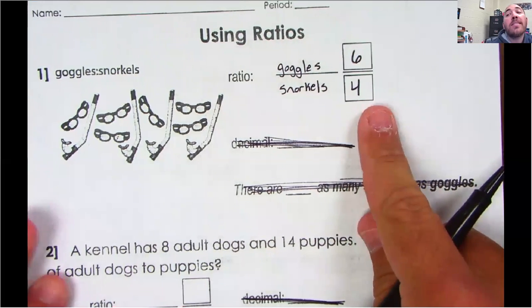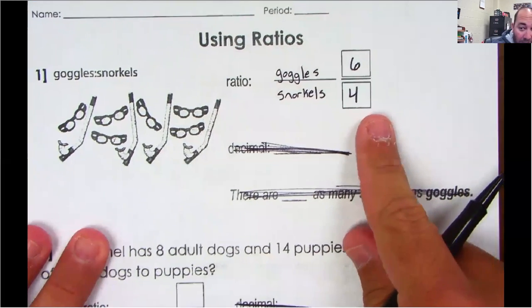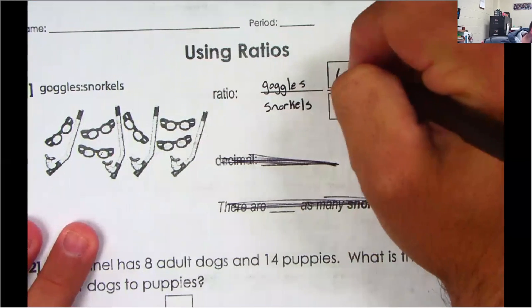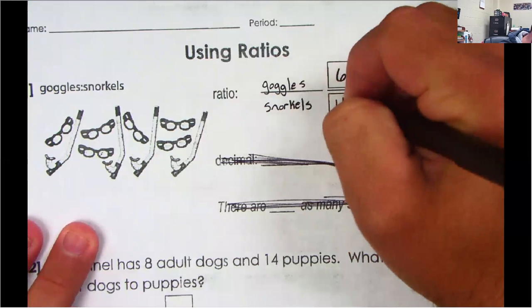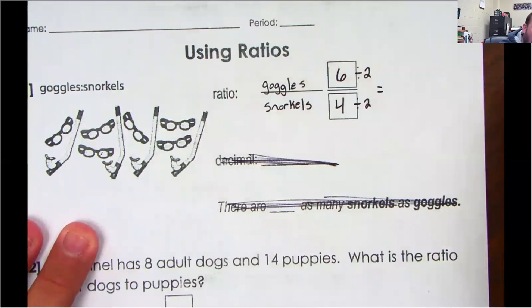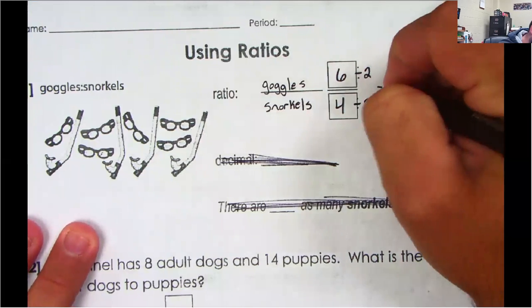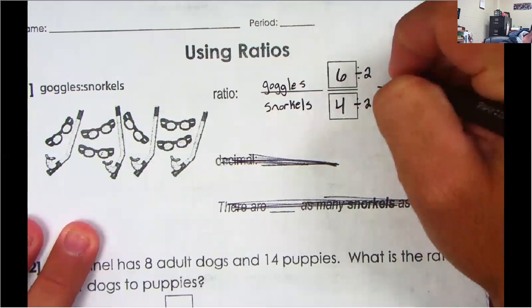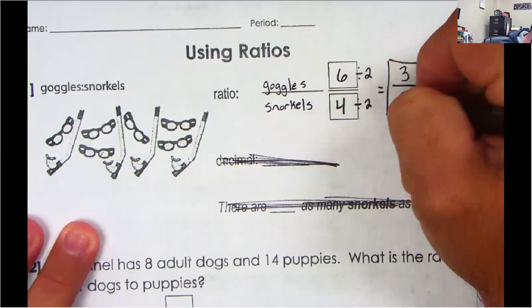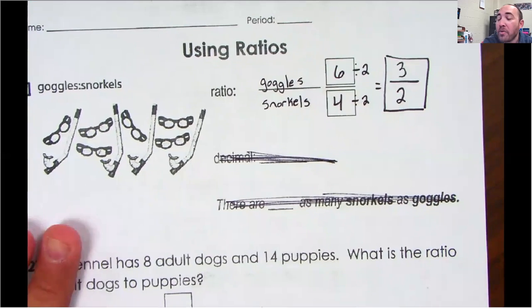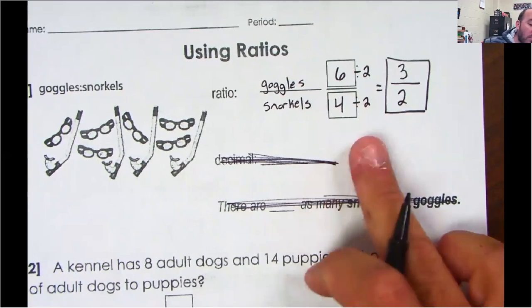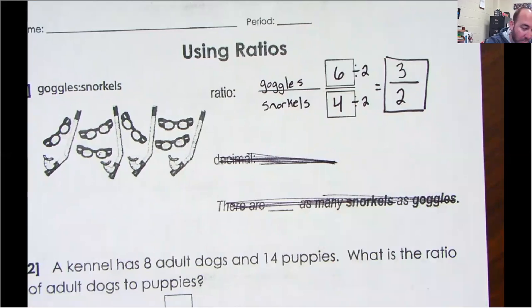Can this fraction be simplified? Yes, they are both divisible by 2. 6 divided by 2 is 3. 4 divided by 2 is 2. Aren't those the same? Isn't 6/4 the same as 3/2? Yes, it is.